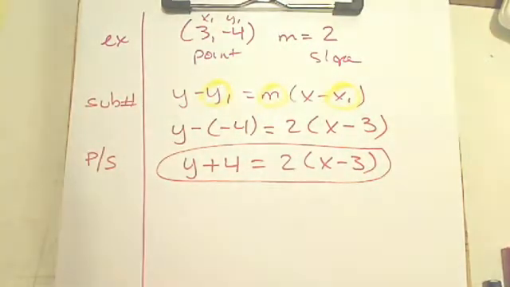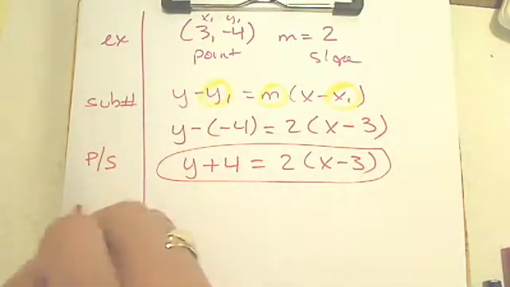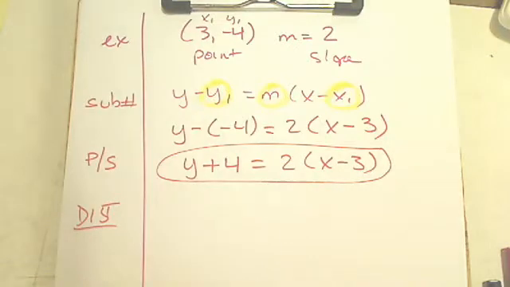But what happens if I need to go one more step to find the equation of a line? How do I continue? Distribution. Excellent. I distribute that 2.